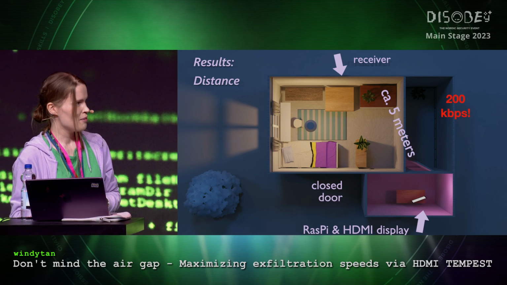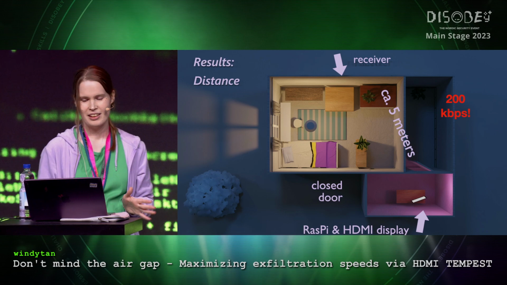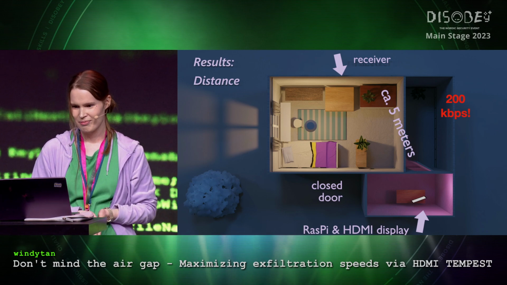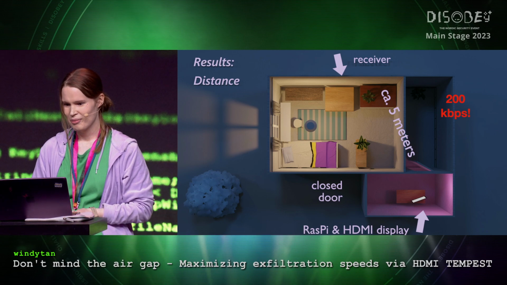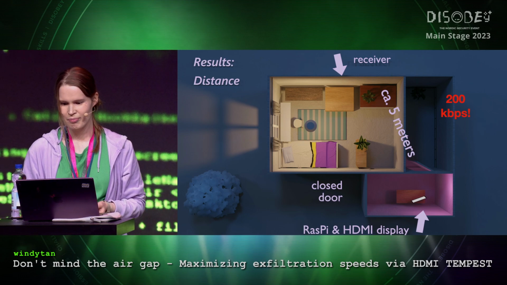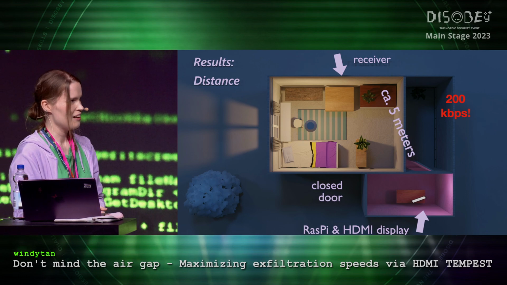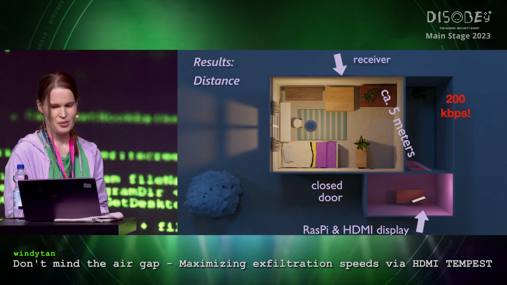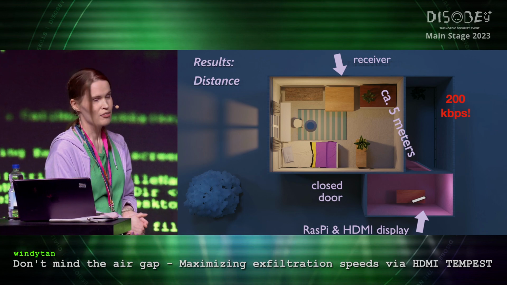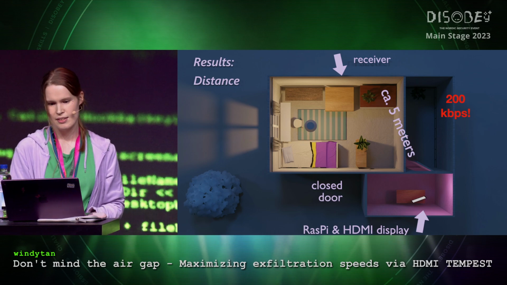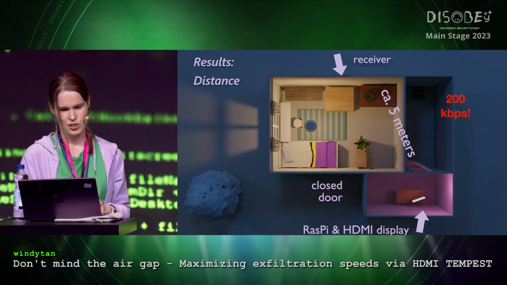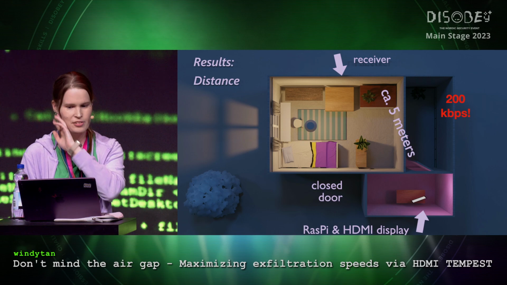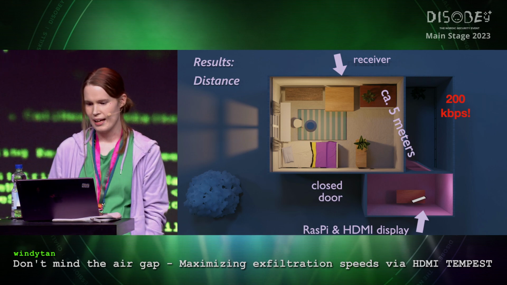With this setup, I was able to get 200 kilobits per second using this method. There is, of course, a lot of packet loss, but we can do some tricks to alleviate that. For example, we can repeat things, or we can add more error correction if the packet loss ever gets too bad.